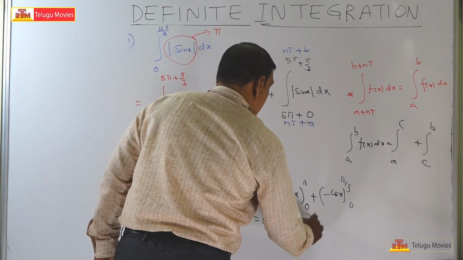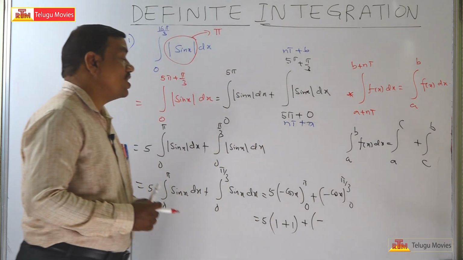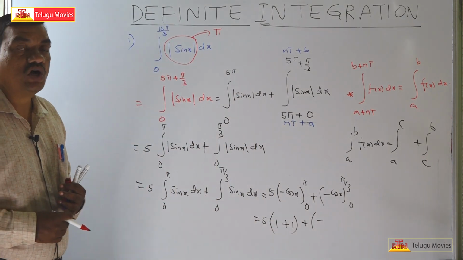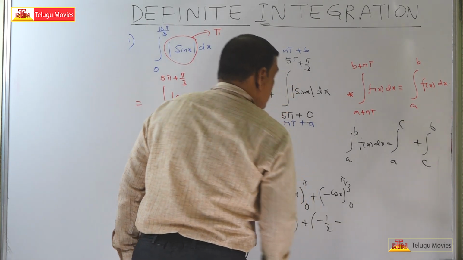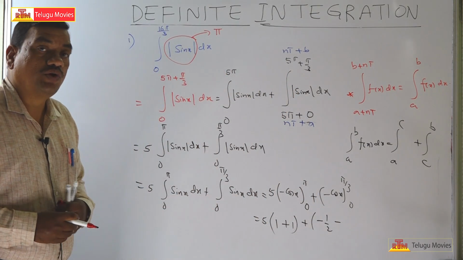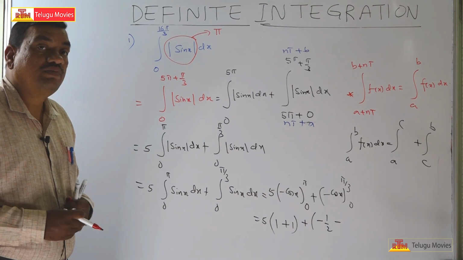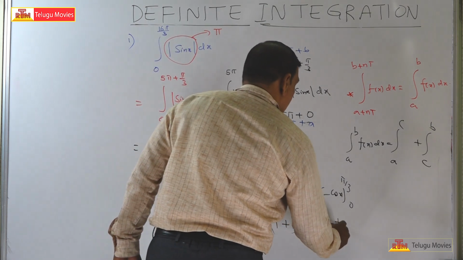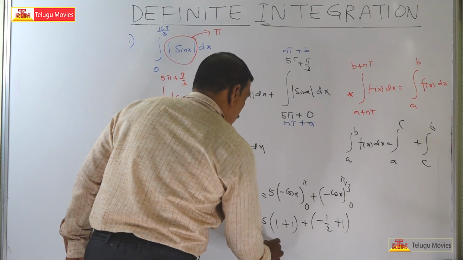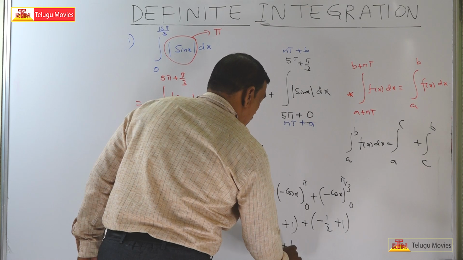Plus, that is equal to minus cos pi by 3 means cos 60 means 1 by 2, so minus 1 by 2 minus cos 0, cos 0 means 1, minus 1, already minus 1 is there, plus 1. So this is equal to 10, so this is equal to 1 by 2.